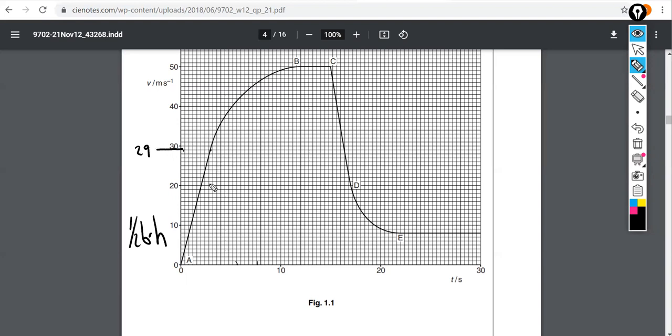Okay, right here at 3 seconds, so we know the base is 3 seconds. We know the height is 29. So 1/2 times 29 meters per second times 3 seconds, and the seconds are going to cancel.